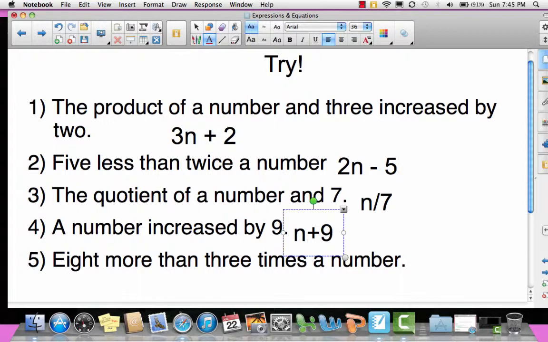And the last one, we have 2 operations going on again. 8 more than 3 times a number. So I could do 8 plus 3 times some number, or because with addition I can use the commutative property, I could flip that around and say 3n plus 8.